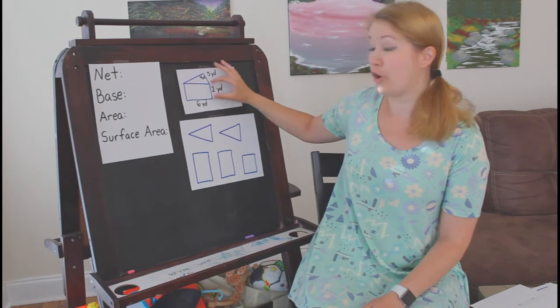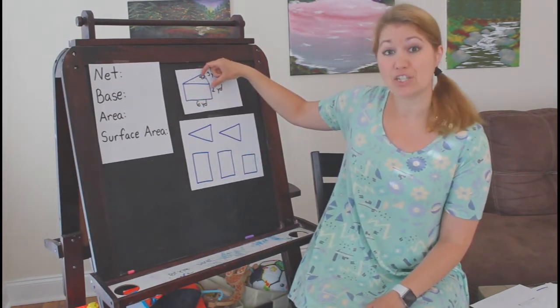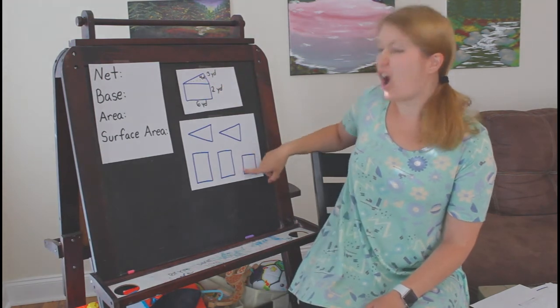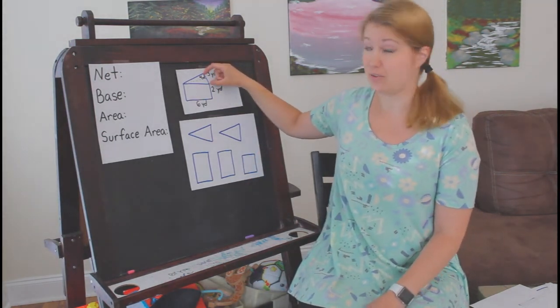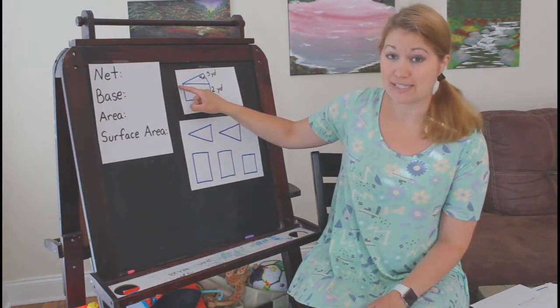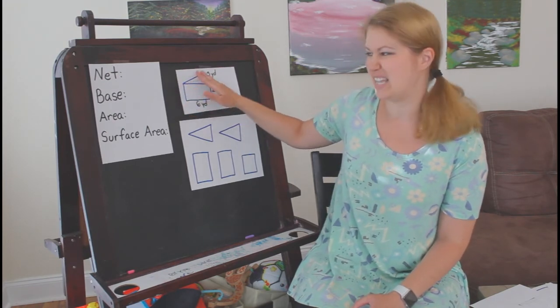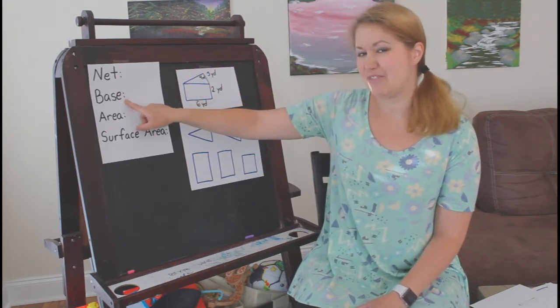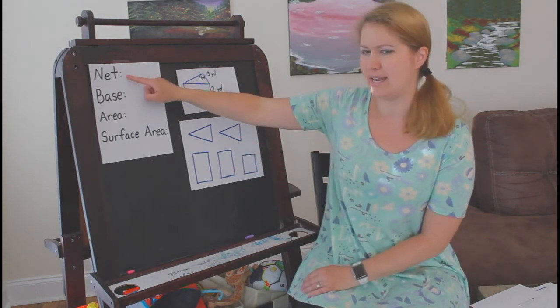I have 2 long rectangle sides, and I have one that's a little bit shorter, so that it'll be almost a square, a little bit shorter rectangle there. Then I've also got a dotted measurement going across here to show me the height of that triangle. We'll get to that in just a minute. I've identified my base. I've got my pictures that I can put together to make a net.